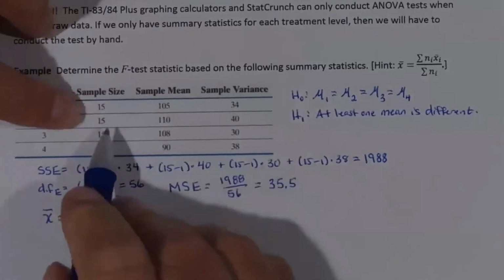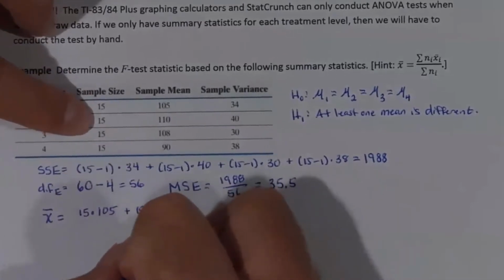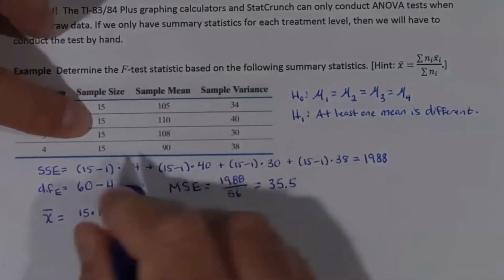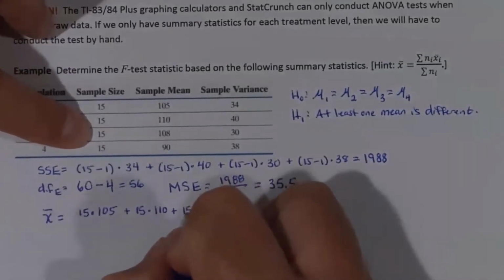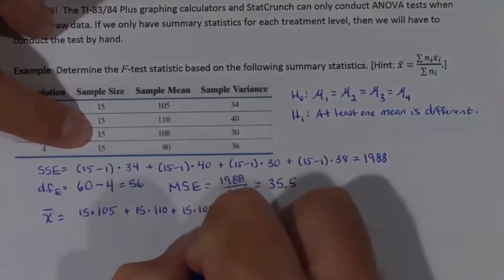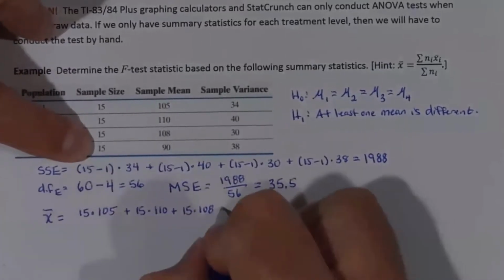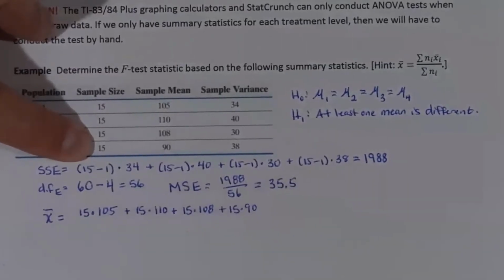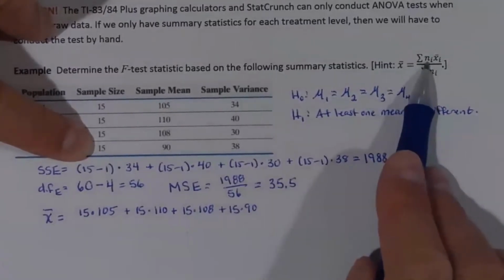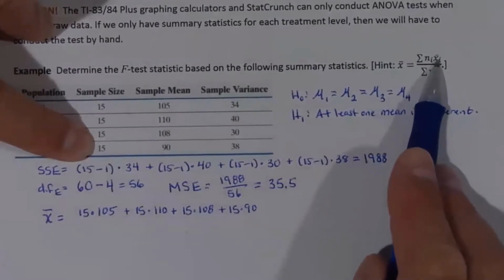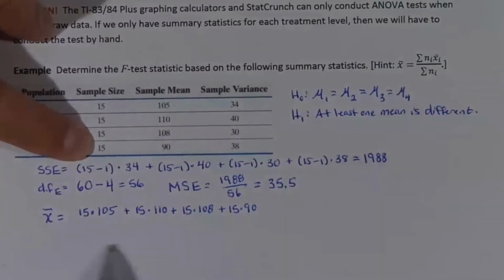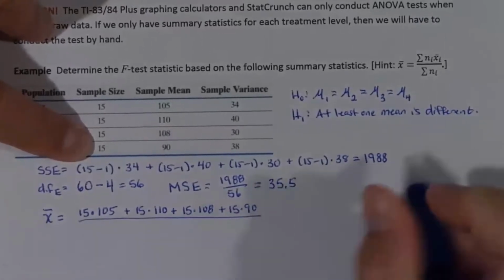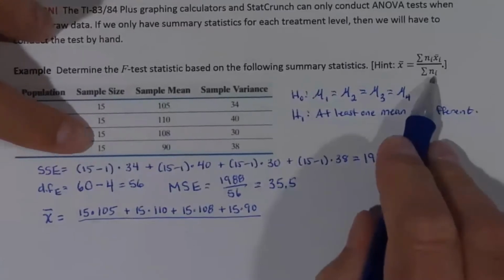And then I'm going to do the same thing for the second sample. The sample size is 15 times the mean is 110. And for the third sample, 15 times the sample mean, 108. And for the last sample, 15 times the sample mean, 90. So again, I'm taking each sample size times the sample mean for that group, and I'm going to add those up. And then I'm going to divide that by the total sample size.